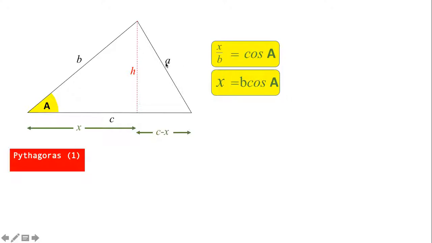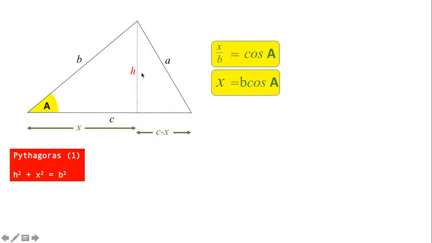So I'm going to do some Pythagoras now. I've got a right-angled triangle on the left here. Pythagoras says that the square on the hypotenuse is equal to the sum of the other two squares. Maybe confusingly, I've got the height labeled as h here, so h stands for height and not hypotenuse.